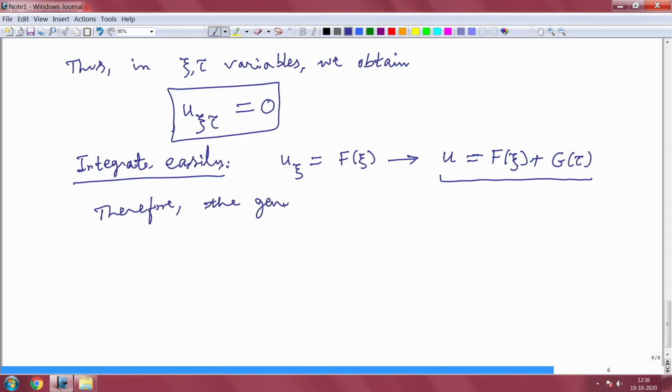now we go back to the x, t variables, the original variables.